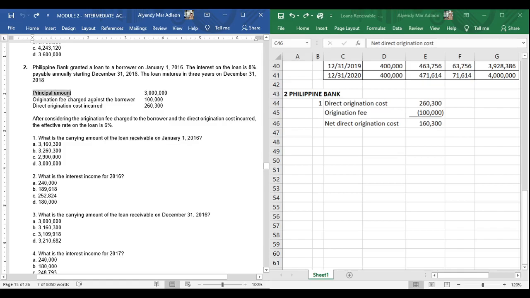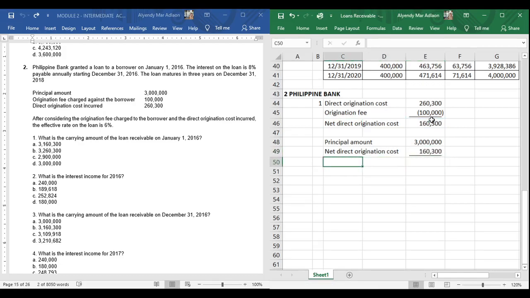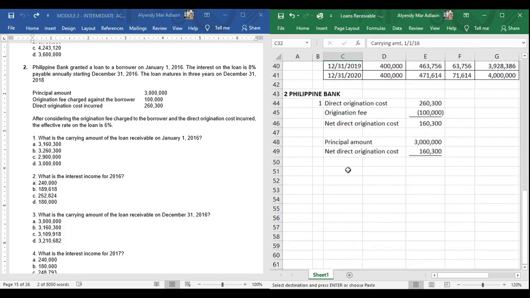First, we have the principal amount, that is 3 million pesos, plus the net direct origination cost of 160,300. So we have now our carrying amount on January 1, 2016, which is 3,160,300.